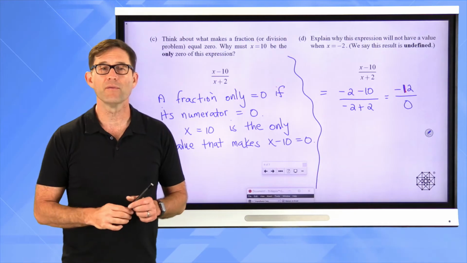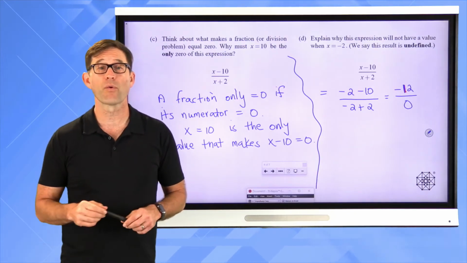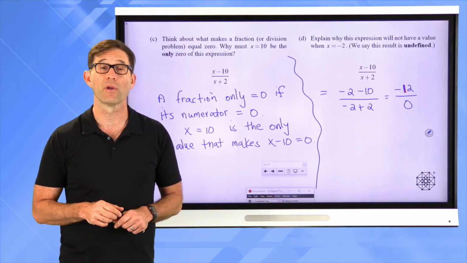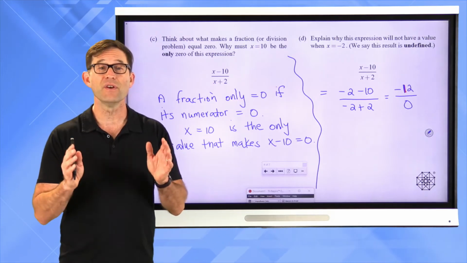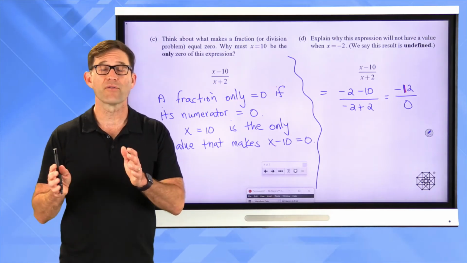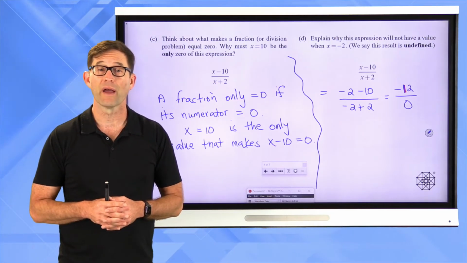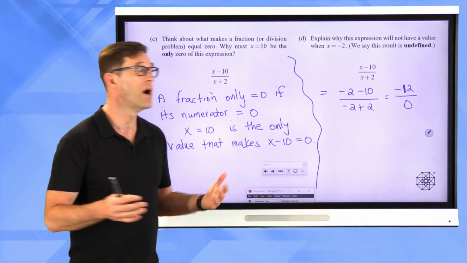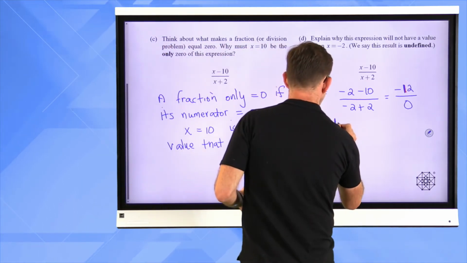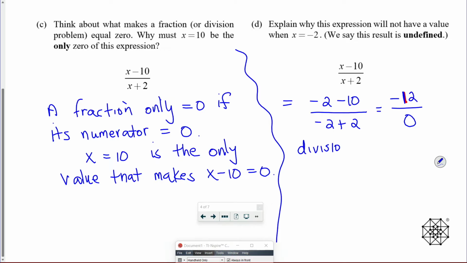Except hopefully what you've learned over time, and this should have been reinforced a little bit in geometry with vertical lines, is that division by 0 will never result in another number. All right? Division by 0 is undefined or not allowed. Division by 0 is undefined.